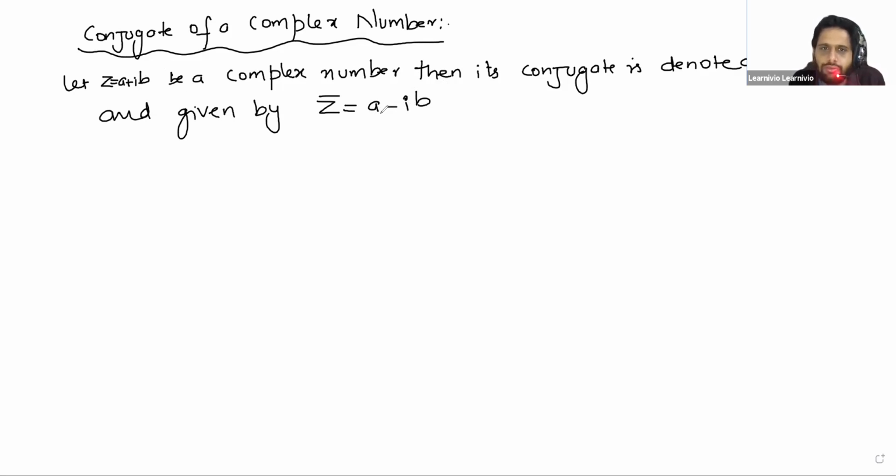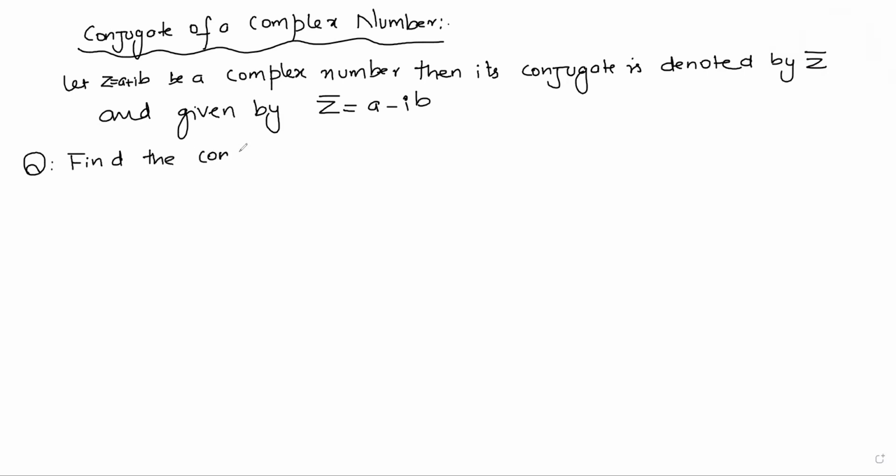Okay, so finally, Yusra. Yes, sir. Second thing, your complex number should be in the standard form. If the complex number is not in the standard form, then you need to convert it into the standard form. Please note down this definition and I will give you some questions. Done, sir. Okay, very good. Then please note down this question.